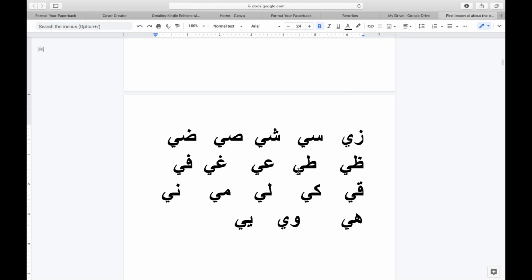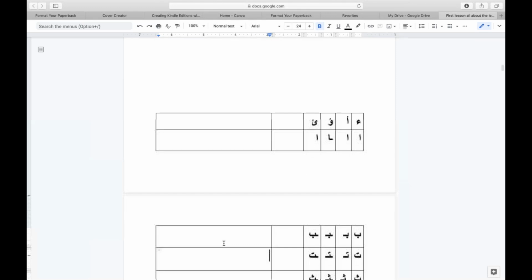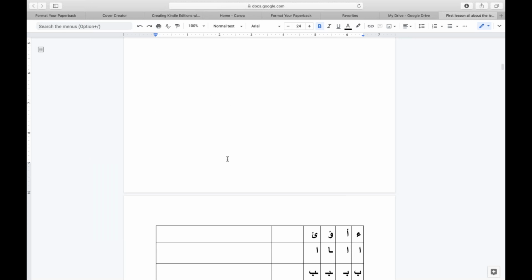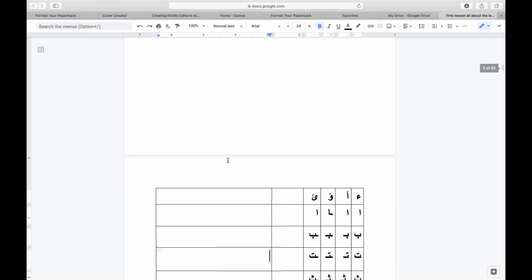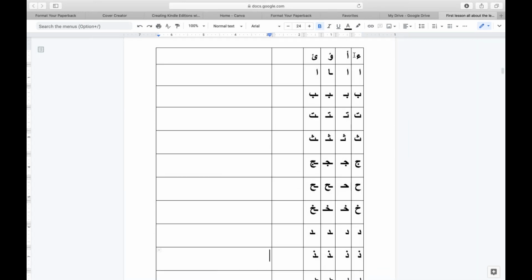Then the ya sounds: ti, thi, ayn, ghi, fi, qi, ki, li, mi, ni, hi, wi, yi. Here, I will leave it for you guys as a PDF, and I'm sure it will help you a lot to practice. Here you see the different way that each letter will be written.